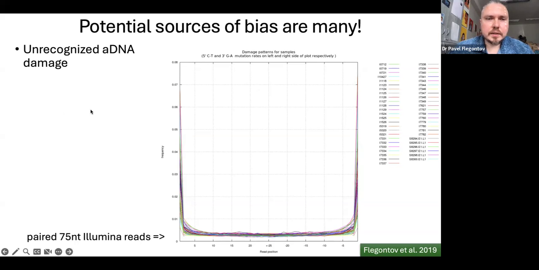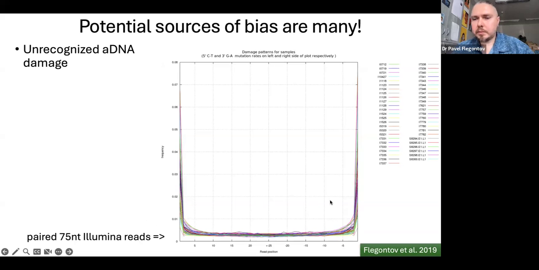And there's a lot of damage in ancient DNA. Overwhelmingly, this is deamination damage, so C to T or G to A mutations. And overwhelmingly, they occur at ends of reads.